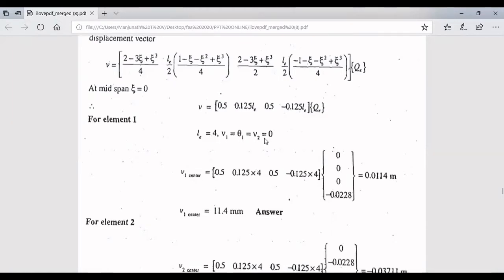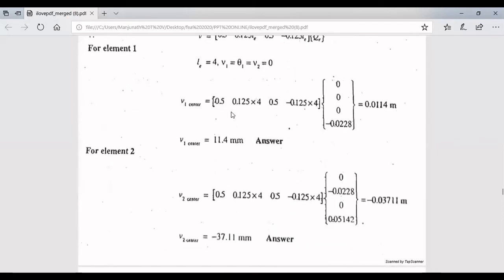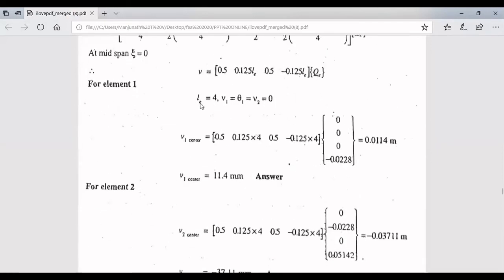For the first element, V1 and theta 1 are 0, and V2 at node number 2, vertical displacement is not possible, so we have not got any value for V2. We have just assumed V2 as 0. So for element number 1, LE is equal to 4, and V1, theta 1 and V2 are 0, because we assume this as a 0 value.